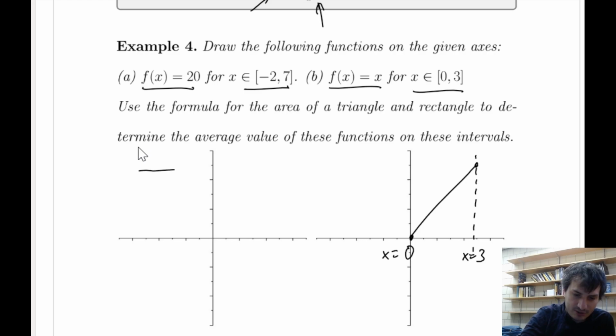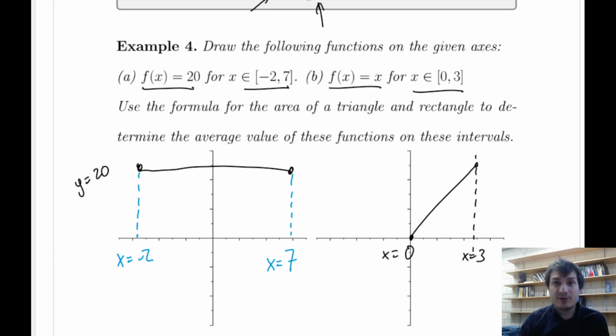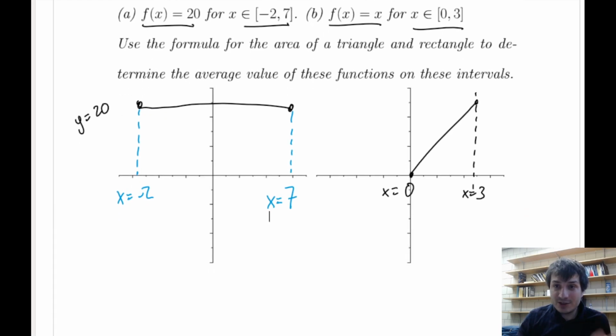This function is just always 20, between -2 and 7. Use the formula for the area of a triangle and a rectangle to determine the average value of these two functions. So we're not doing just the integral, we're doing the average value.